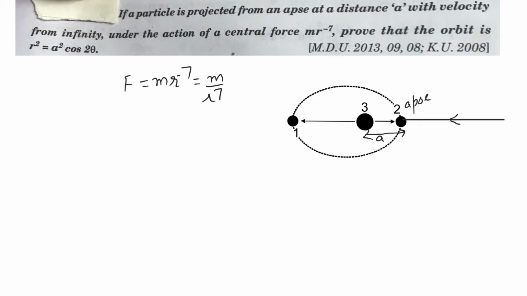This is infinite distance, and this is point P, that is the apse, at a distance a.